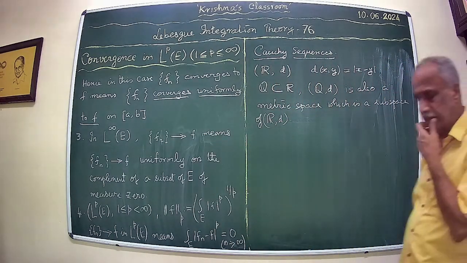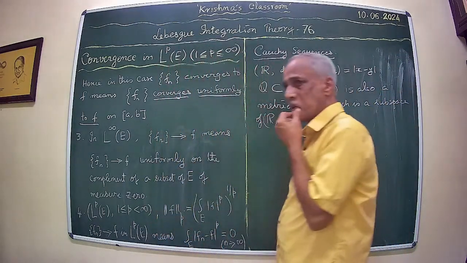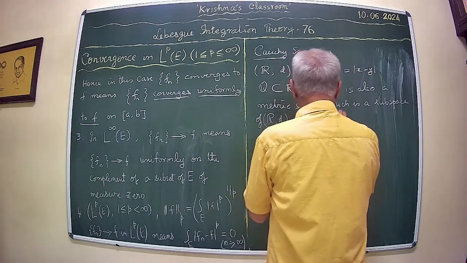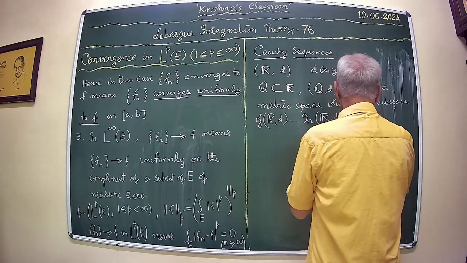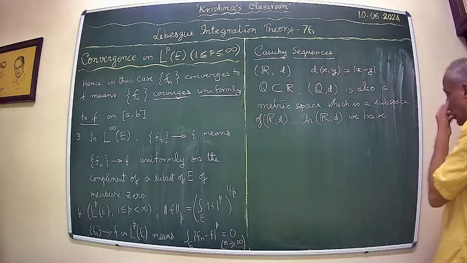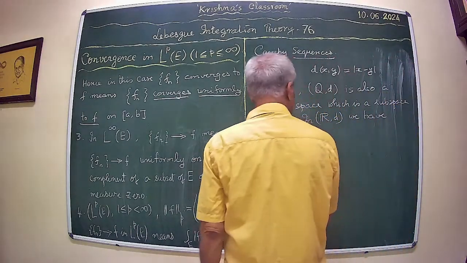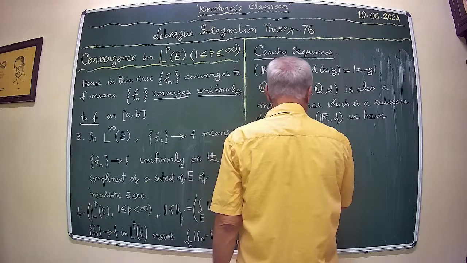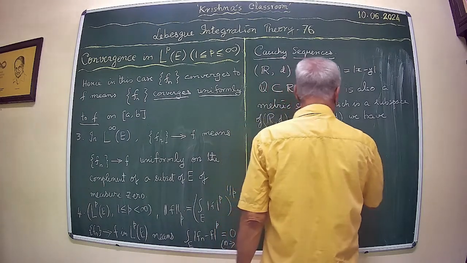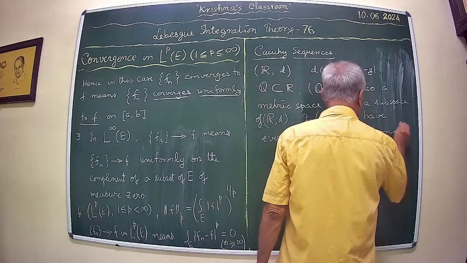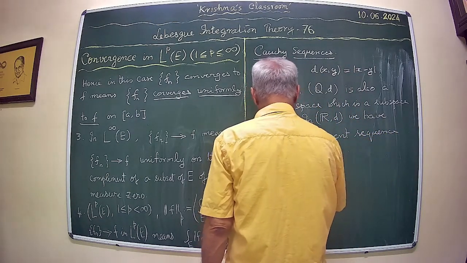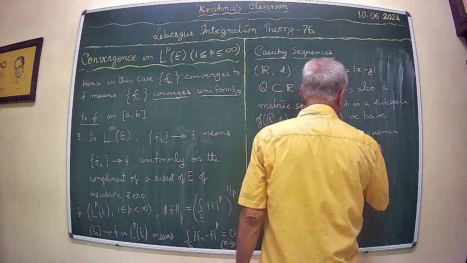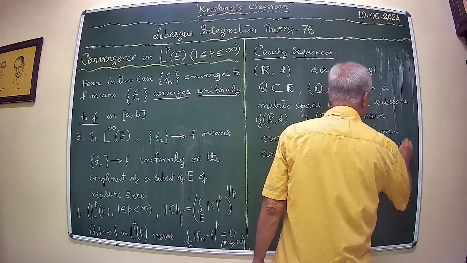Now you see that the structure of R assures that in (R, d) we have every convergent sequence converging to some element of R.